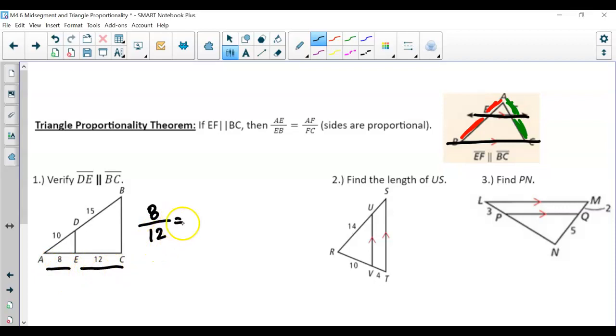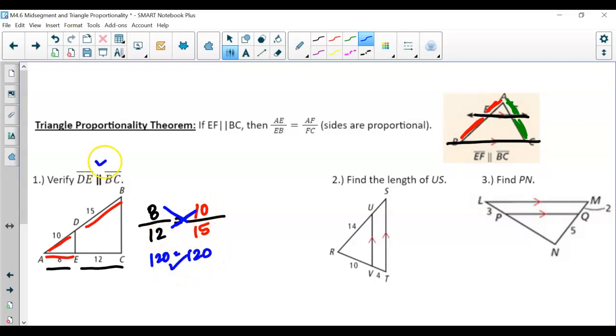So 8 to 12 is equal to, so then if we put 8 first, what do we have to put first? 10, right? Because they're corresponding from that same top value. So 10 to 15. So now here, we cross multiply: 15 times 8 and 10 times 12. So 15 times 8 is 120, and 10 times 12 is 120.